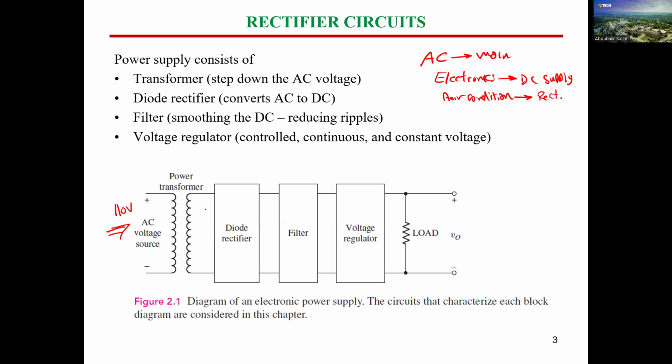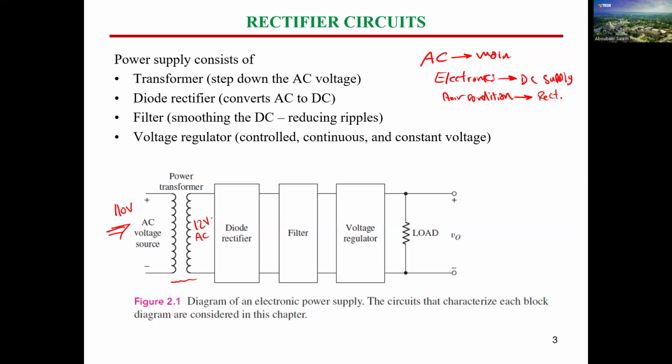So in this case, guys, we need a first step to reduce this voltage level. How can we reduce the AC voltage? By using what's called a power transformer. The power transformer is going to step down the voltage, for instance, from 110 to 12 volt AC, or different levels. It could be 6 volt, it could be 5 volt, whatever.